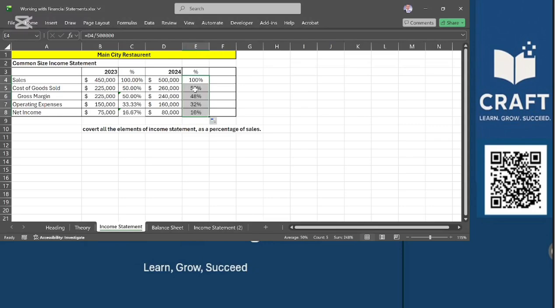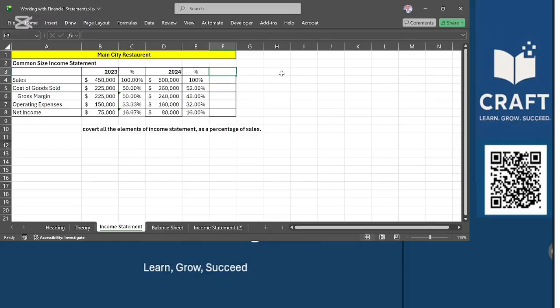Then the cost of goods sold is 52% of sales, and the gross margin is 48% of sales. Operating expenses are 32% of sales, and finally the net income is 16%.